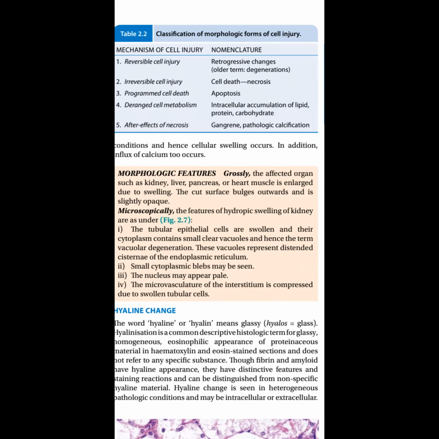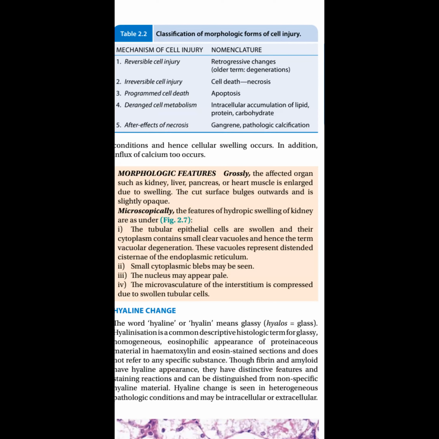Deranged cell metabolism. In this, what happened? The lipid, protein, and carbohydrates are accumulated in certain places and they do not move or they are not used. When the lipid, carbohydrate, and protein are accumulated intracellularly, for example, in diabetic patients, the glucose or the lipid are accumulated in the cell, then it gets accumulated in the blood as well because it's not being used.